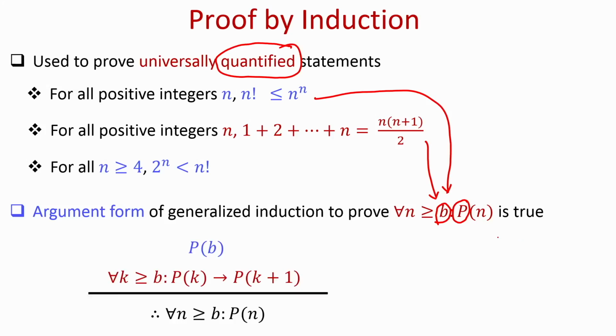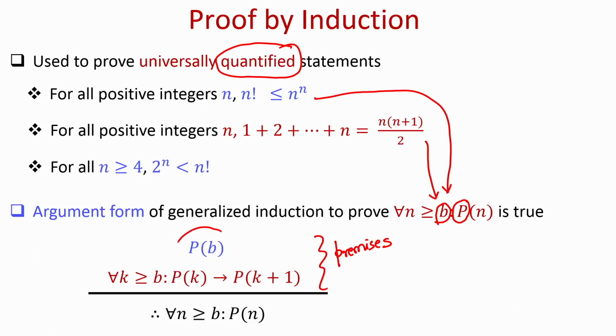So, the argument form for proof by induction is as follows. These are your premises. It will be given to you, or you will prove explicitly, that the property P is true for the element B in the domain.